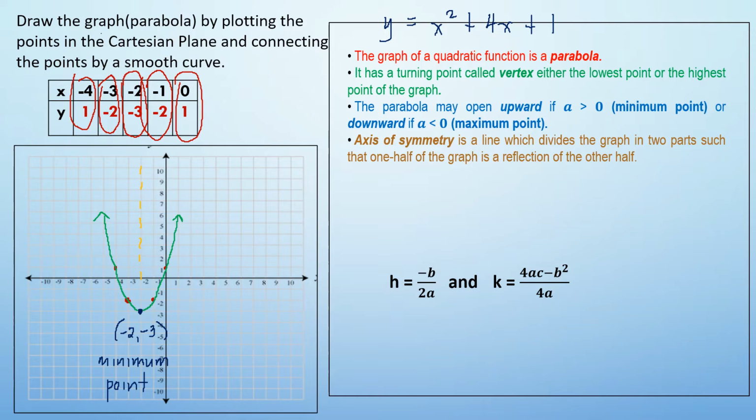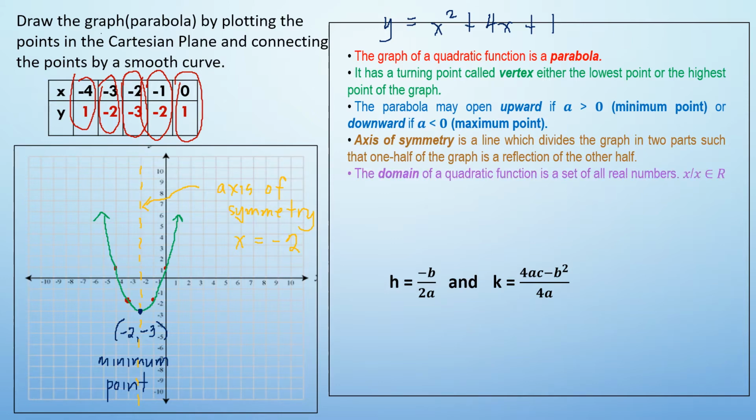So this is our axis of symmetry. Remember, it divides the graph into two parts such that one half of the graph is a reflection of the other half.